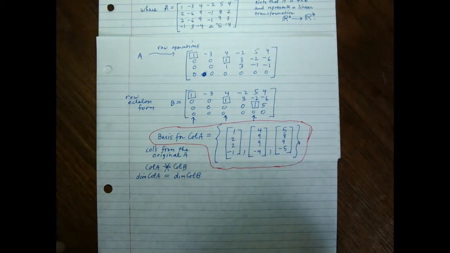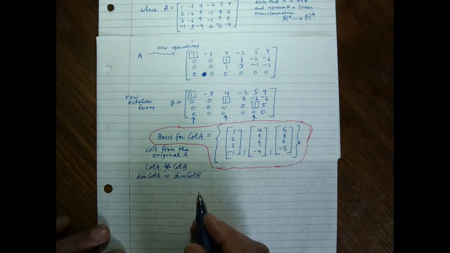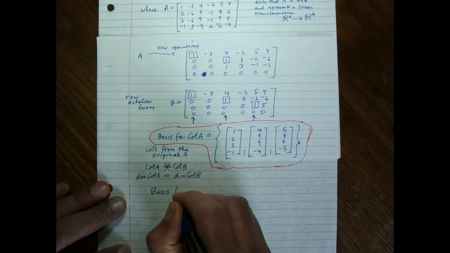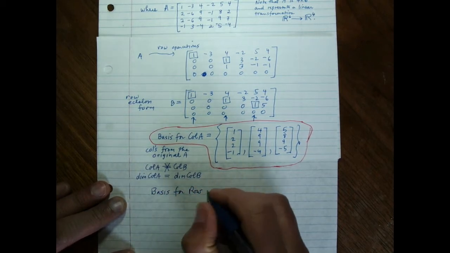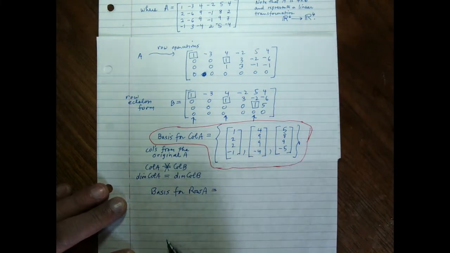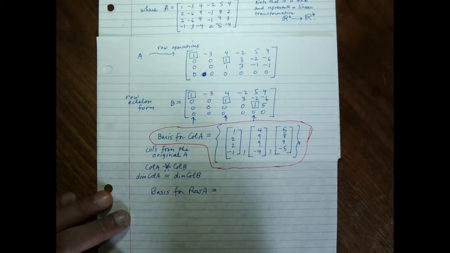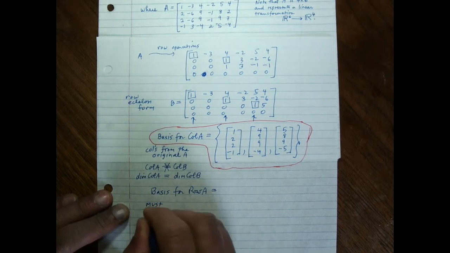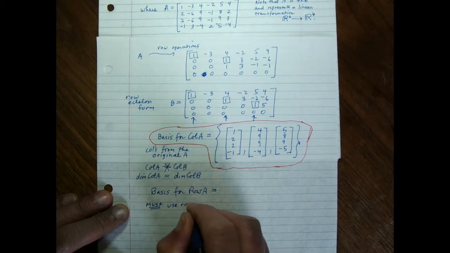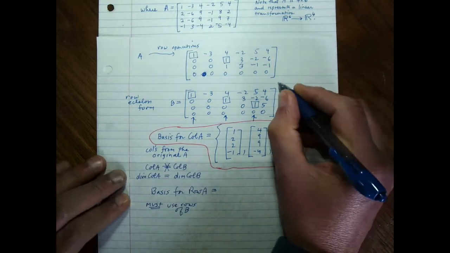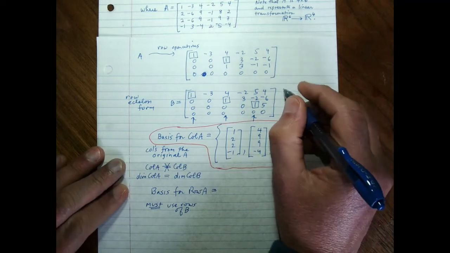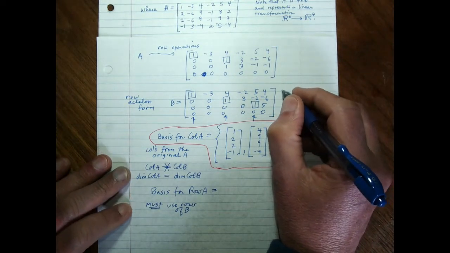All right, now what about the basis for the row space? Here, I must use rows of B because depending on the way you applied row operations, these basis vectors could be in different positions for the rows.